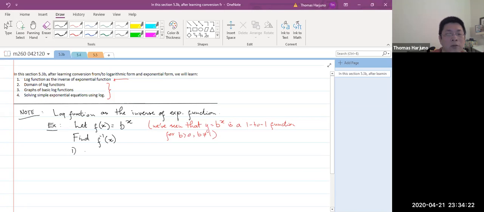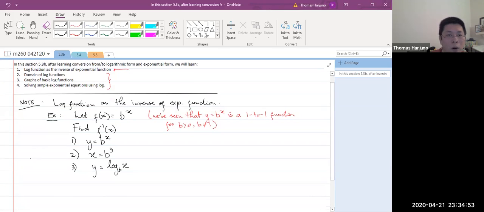Step 1, I change f(x) to y. Step 2, I swap the x and y: x becomes y, y becomes x. Step 3, I need to solve for y, and to solve for y, I change that exponential function into logarithmic function. So y equals log base b of x.